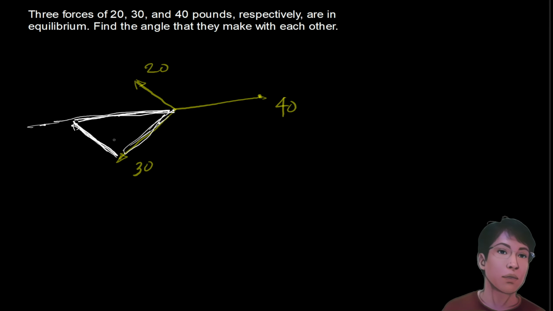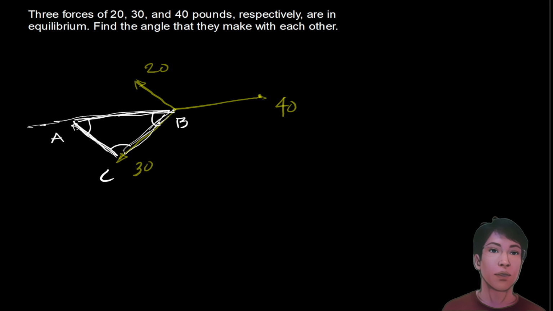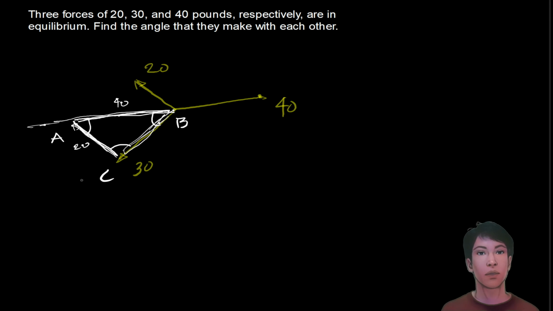So let me designate this as angle A, angle B, and angle C, right? So this triangle, again, let me put 40 over here, and 30, and then this is 20.